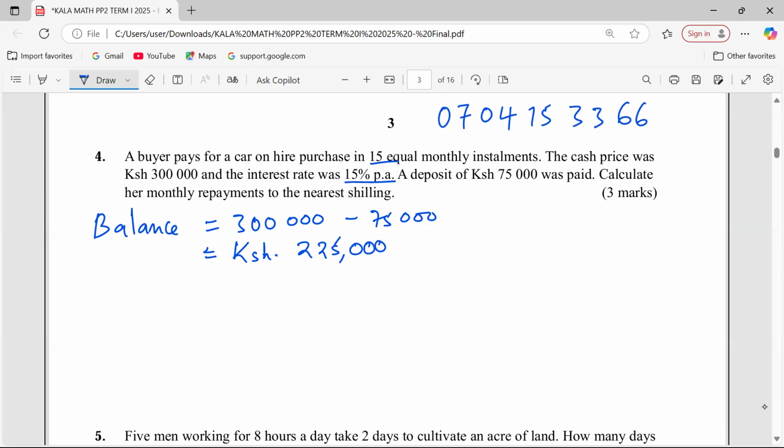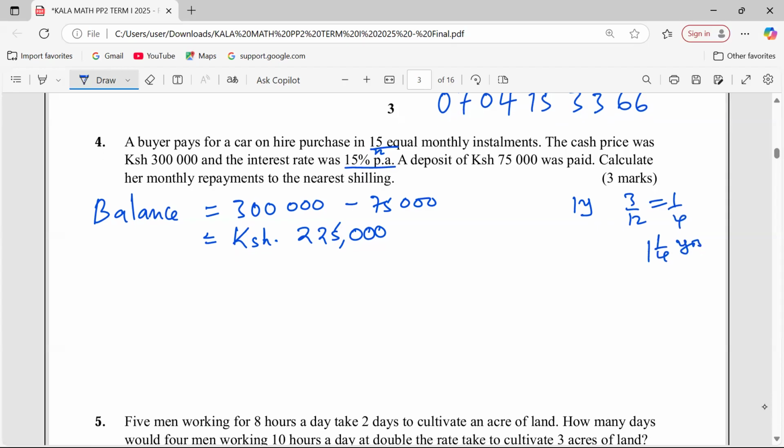So how many months are here? 15 months. So how many years are within 15 months? We're going to get 1 year as 12 months. So that is 1 year. And how many months are remaining there after 12? 3. So 3 over 12 is a quarter. So we'll have 1.25 years.